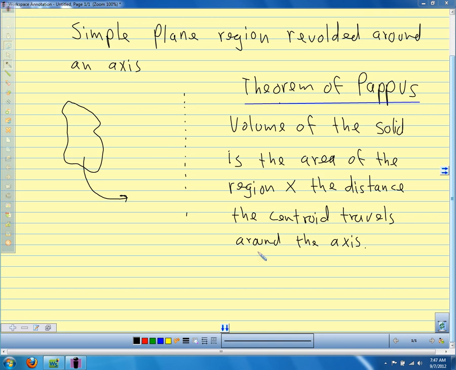So another way we could write that is the volume is 2 pi, and I'm going to put r bar times the area. And r bar is the distance from the centroid to the axis.